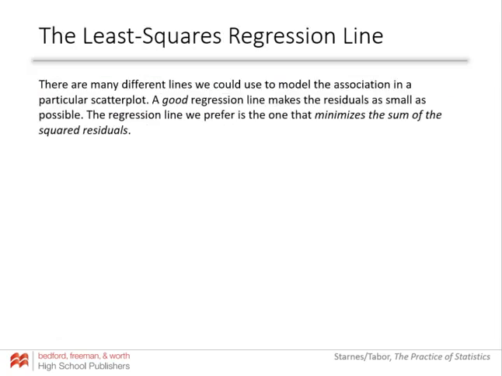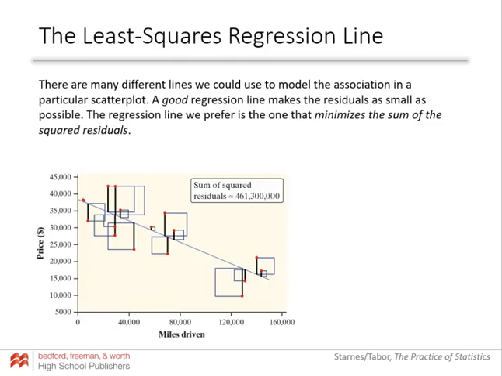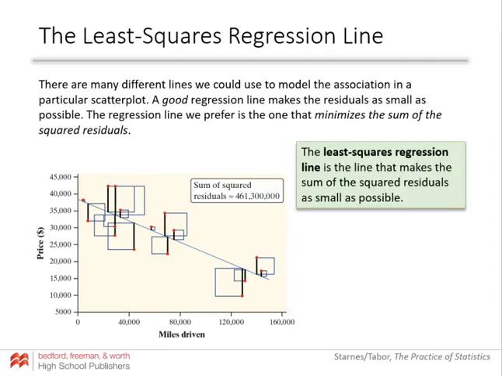All right, so the line that we are going to use is called a least squares regression line. The reason it is called that is because, and again, you're not going to have to do this math, the calculator or computer is going to do it for you, but when they make the line, they draw the line so that the square of the residuals, so they take the residuals and square them, and they are drawing the line so that that number is as low as possible.